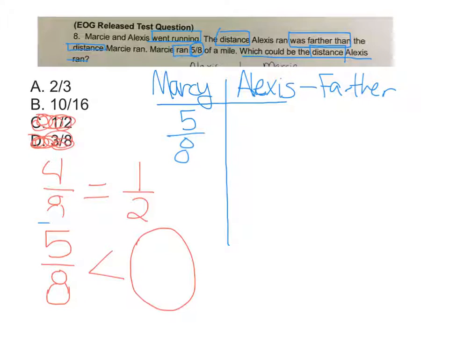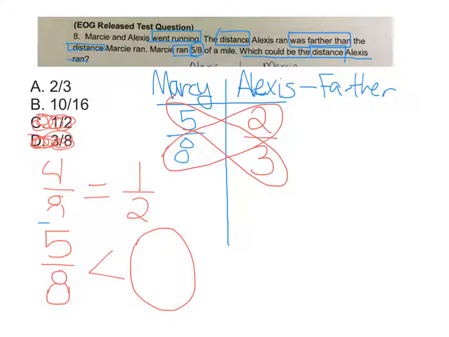Now we're going to try a different strategy because we only have 2 more left. We are going to try the butterfly method. So we've got 2/3 on this side. We're going to draw our butterfly wings. 2 times 8 is what? 16.